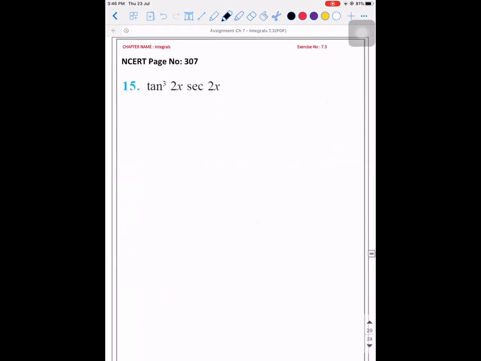Now tell me how to do this problem. Integral of tan cube 2x into secant 2x dx. So put 2x is equal to t. Okay. So it will become 2 times dx is equal to dt.